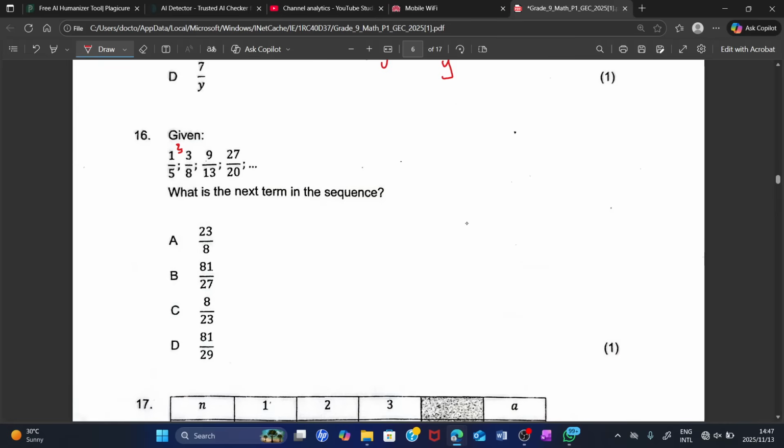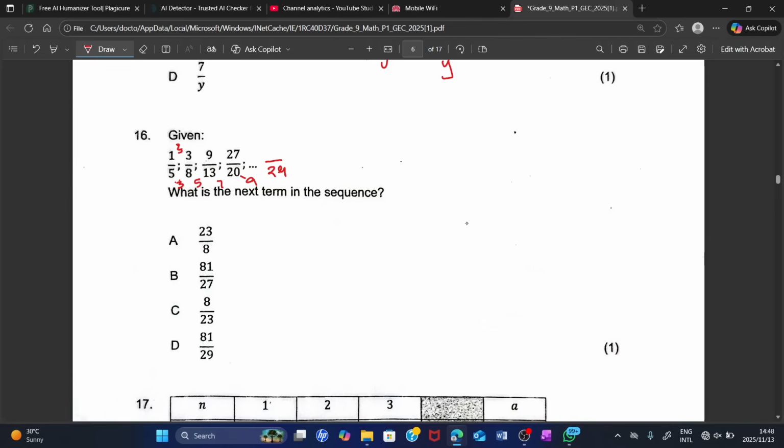At the denominator, the difference is, let's see, here is 3. Here the difference is 5. Here the difference is 7. Again, if you add 2, it will be 9. You see? So which means that the denominator for this one will be 29.